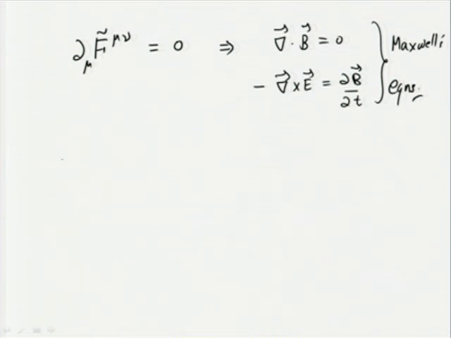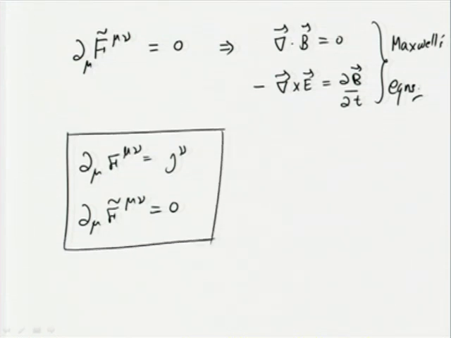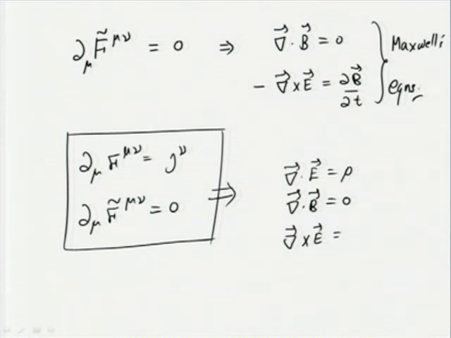So, together with the earlier dou mu f mu nu equal to j nu, dou mu f tilde mu nu equal to 0 for any nu gives you divergence of E equal to rho, divergence of B equal to 0, curl of E equal to minus dou B by dou t, curl of B, which we got earlier, equal to J plus dou E by dou t.